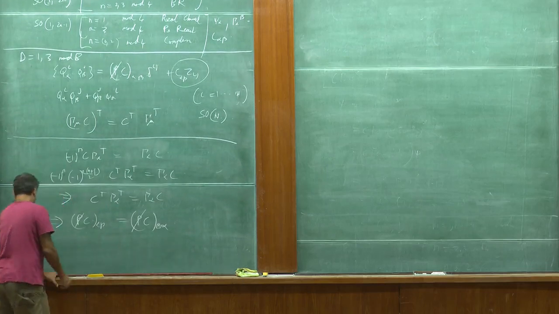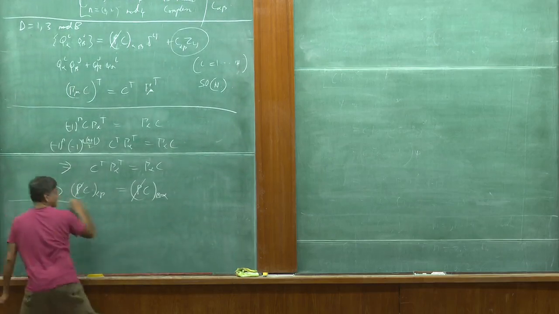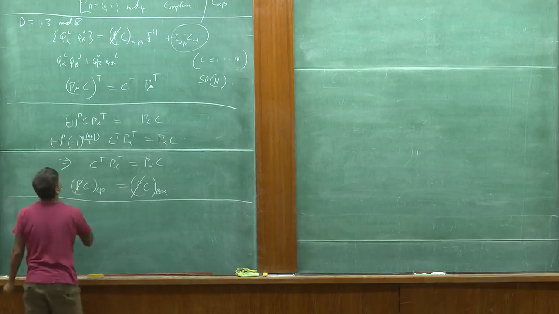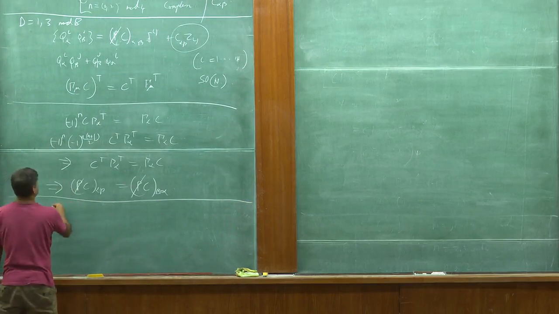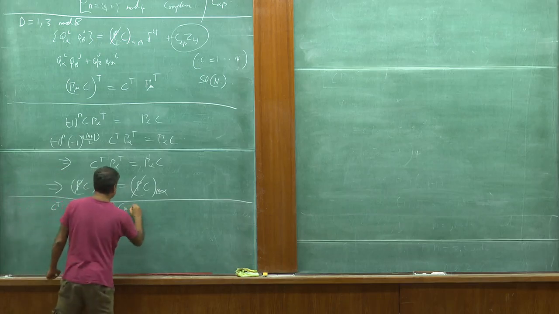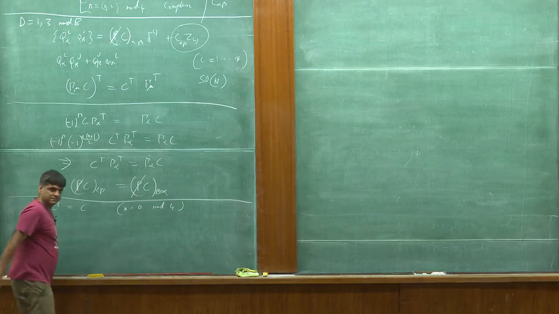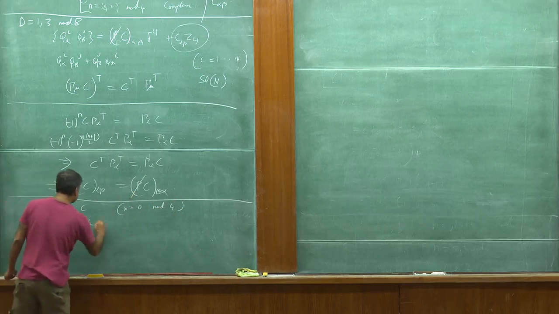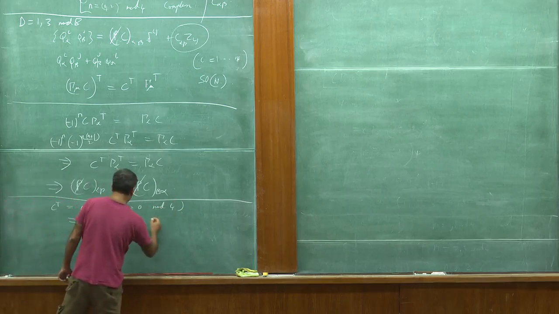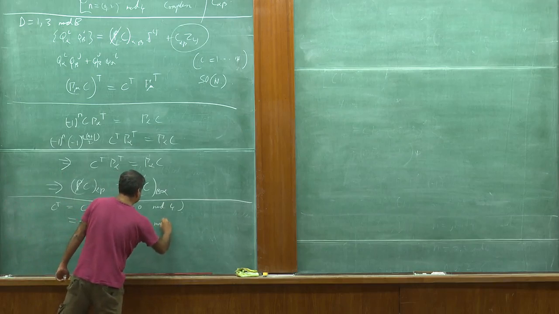So in this case we get that C transpose is equal to C for n is equal to 0 mod 4, but is equal to minus C for n is equal to 1 mod 4.